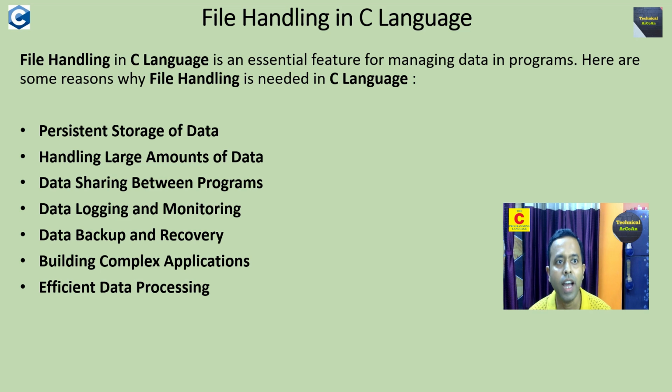Here are some reasons why file handling is needed: number one, persistent storage of data; number two, handling large amounts of data; number three, data sharing between programs; number four, data logging and monitoring; number five, data backup and recovery; number six, building complex applications; and number seven, efficient data processing. So these are the reasons why we need file handling in C language.